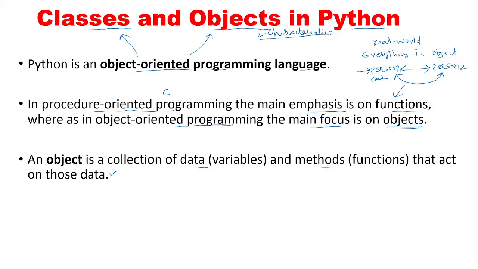What are those two characteristics? Every object will have a state and behavior. Every object will have a state, and the state defines the features of the object.